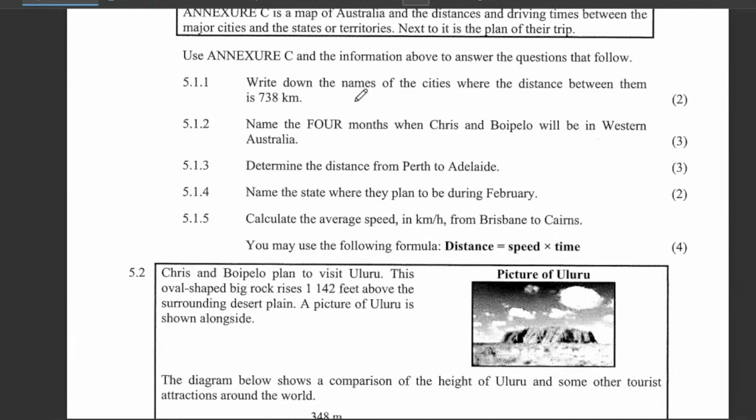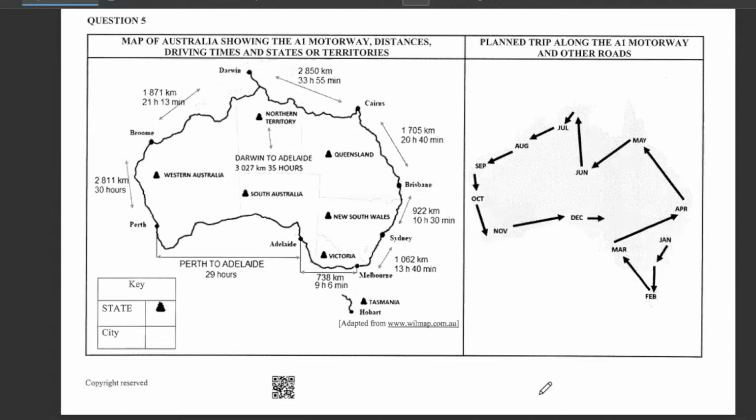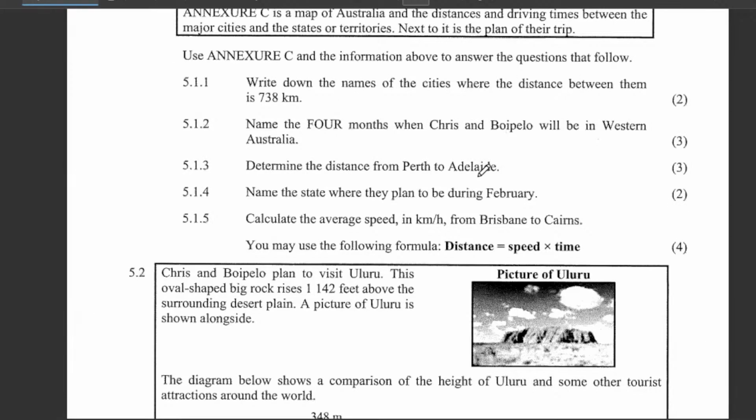So we come to 5.1.1. We are looking at annexure C. There we go. The planned route, they will start from somewhere here, February, March, come back, May, move around. They're asking us to write down the names of the cities where the distance between them is 738 kilometers.